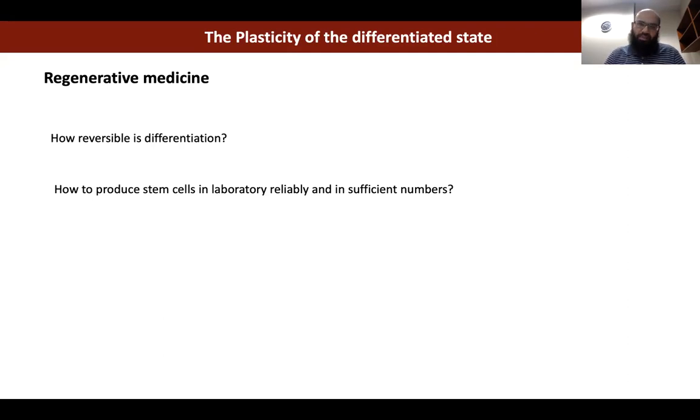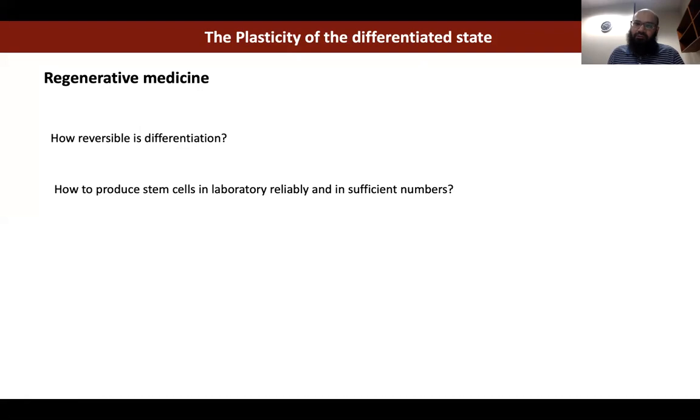And now we're going to consider whether this differentiation is reversible, and how plastic it is. By plastic, I mean how dynamic it is. Normally during development a cell goes in one direction towards differentiation. Can we revert it and put it back to the state where it started?